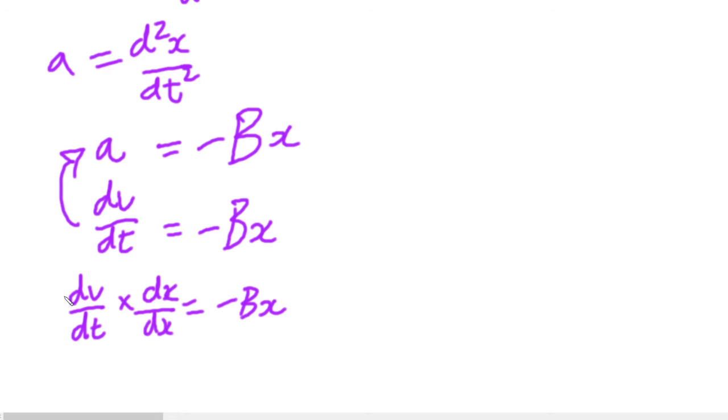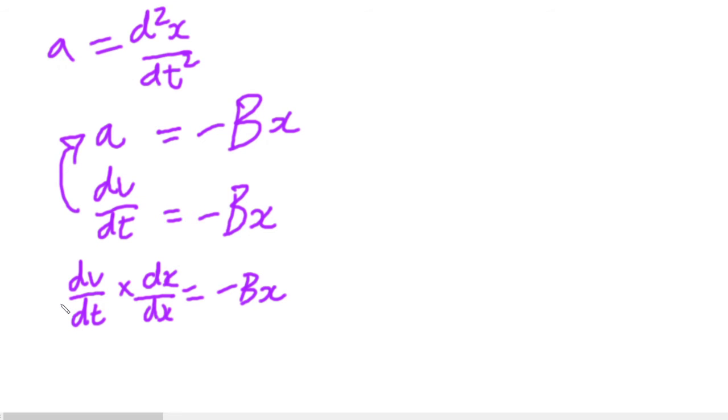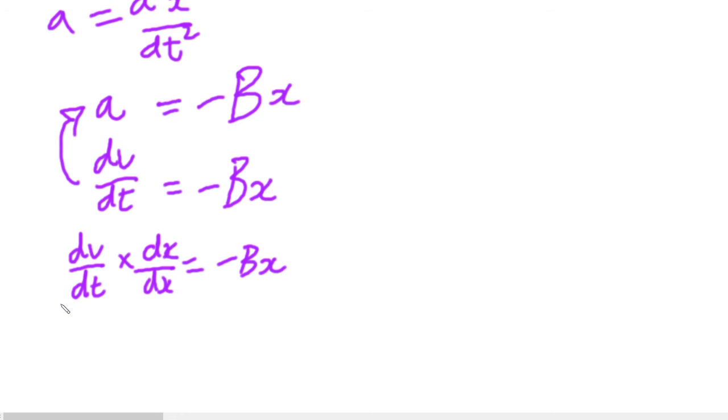There's a reason we write it like this, dv by dt, because in the physics world we are allowed to do things like move these terms around as if dv by dt were a fraction. In the most pure, strict mathematical sense, that's not really the case. However, we can treat it like this for the purposes of problem solving.